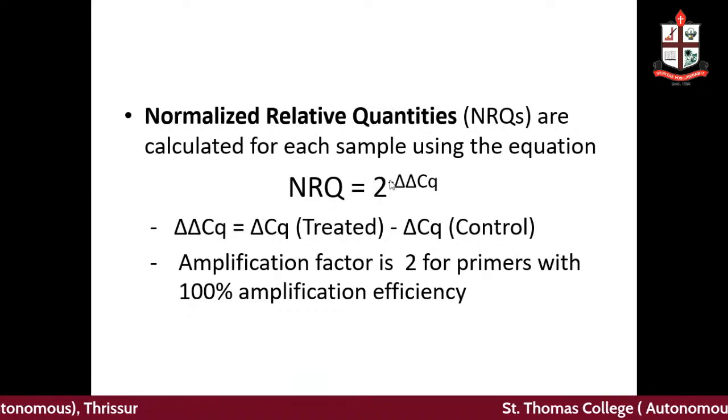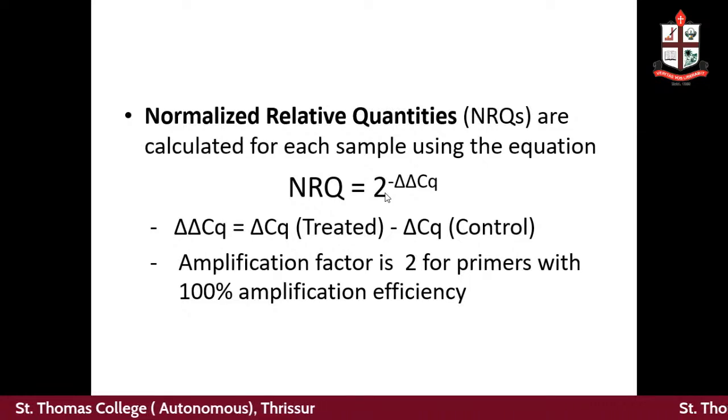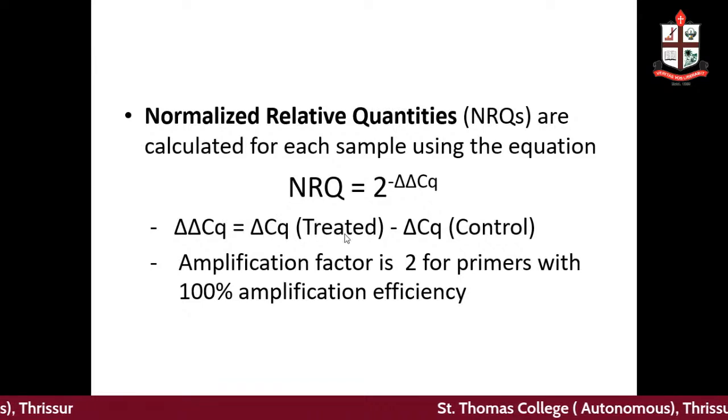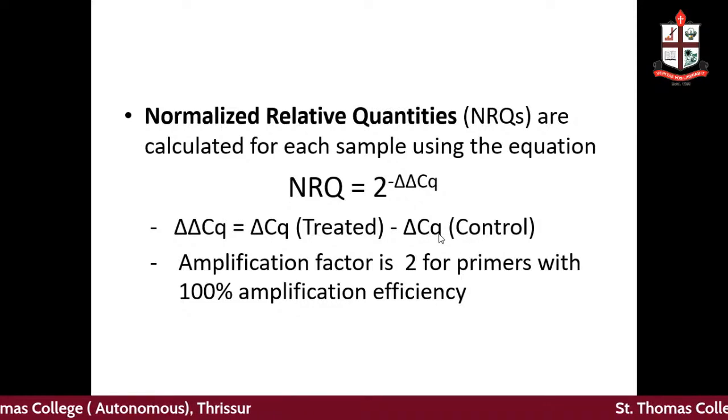So in each cycle, if the PCR is happening at maximum efficiency, then the PCR products will double. So if there is a difference of 5 CQ between the treated and control samples, then the actual difference in the gene copy number will be 2 raised to 5.